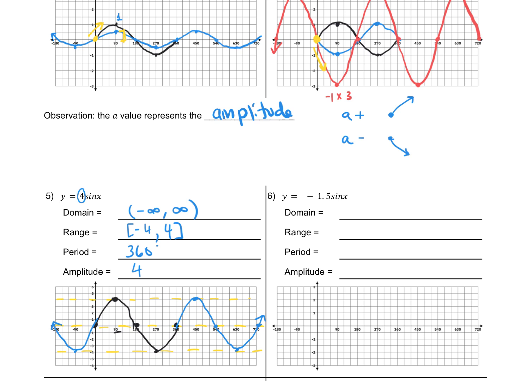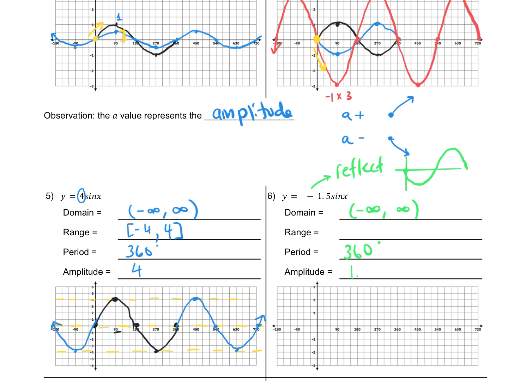Y equals -1.5 sine x. The domain's not changing, the period's not changing. My amplitude, even though we have a negative, that just tells me that we're going to reflect. And because we're reflecting from my origin point, I'm expecting to go down and then up. So that's kind of the shape I'm expecting.